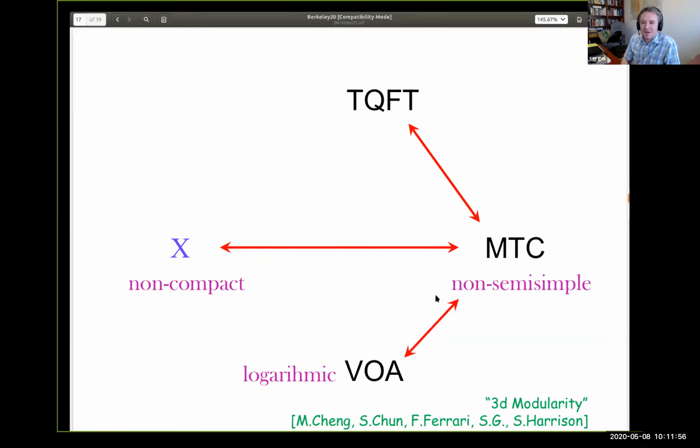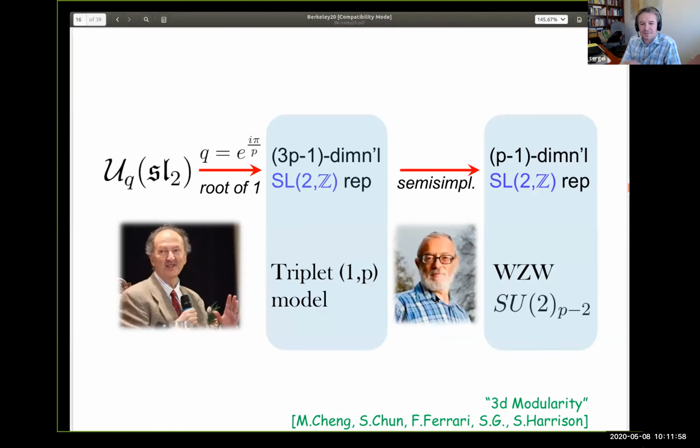Can you say a little more on how SL2Z acts on the center? In this particular case, it acts in the following way. There is a representation of SL2Z of dimension p plus 1. So it's actually decomposing into several pieces.